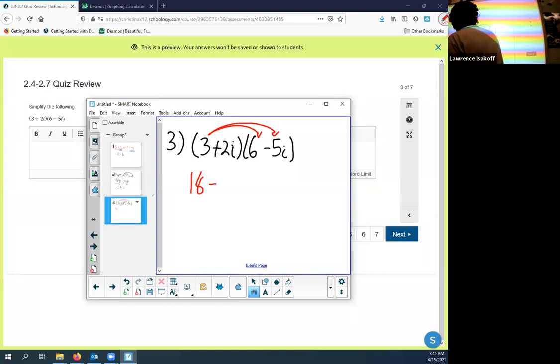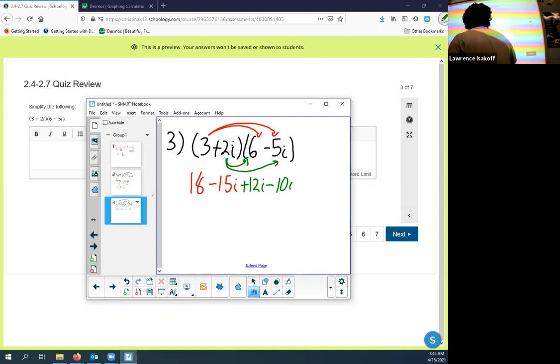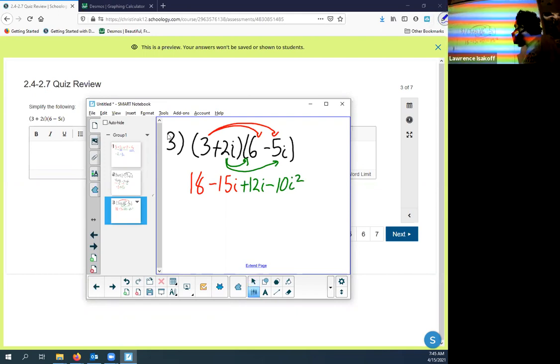3 times negative 5i, negative 15i. Now I'm going to do the 2i. That's going to be plus 12i. And then remember the last piece here, that's going to be a negative 10i squared. So remember, i squared equals negative 1.